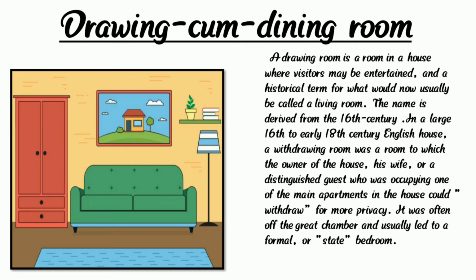In the late 16th to early 18th century, in an English house a drawing room was a room to which the owner of the house, his wife, or a distinguished guest who was occupying one of the main apartments in the house would withdraw.